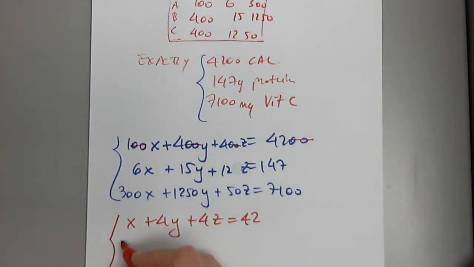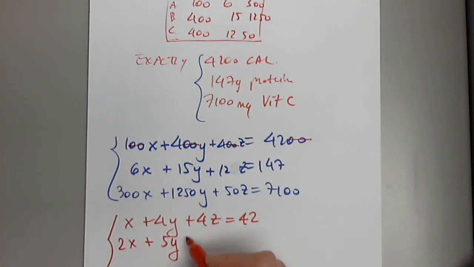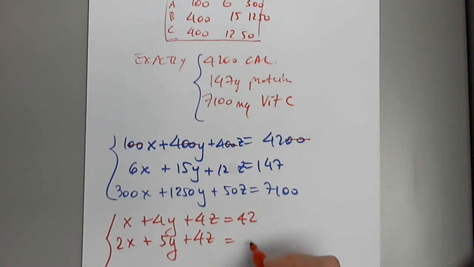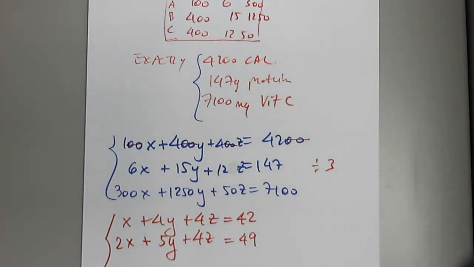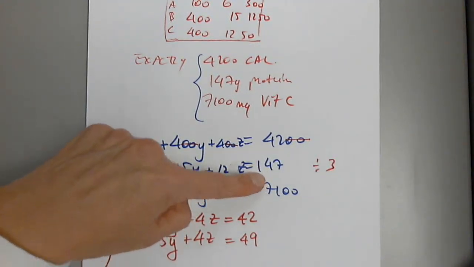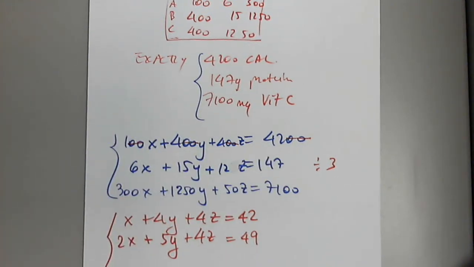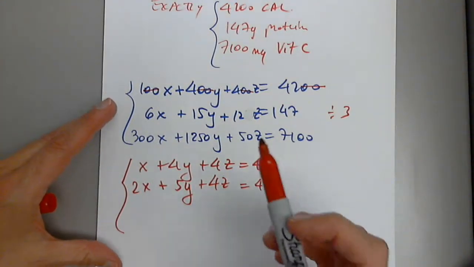So I have 2x plus 5y plus 4z equals 49. We're simplifying by 3, so 2 and 5 and 4 and 12, and I think it's 49, correct? Agreed?